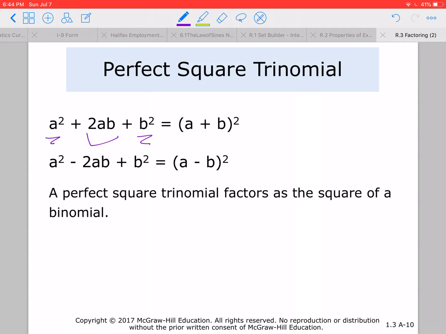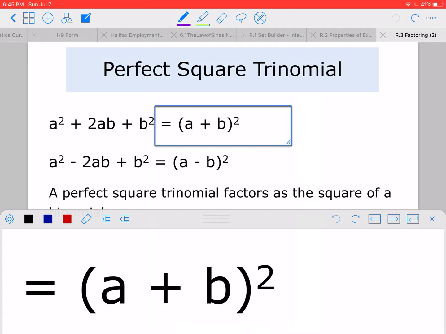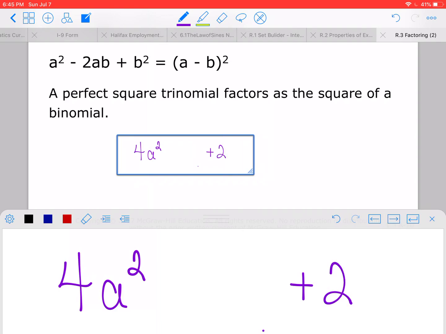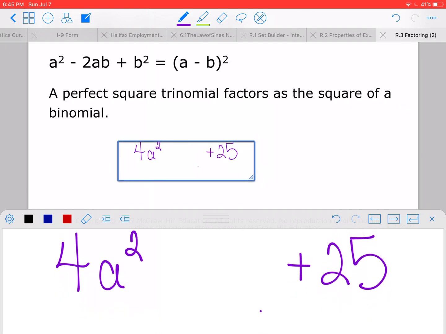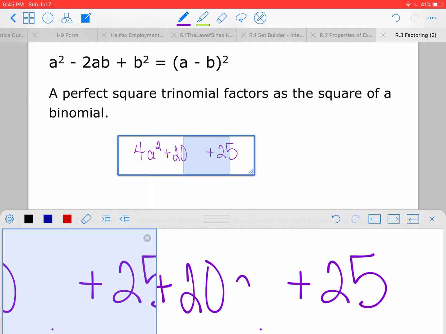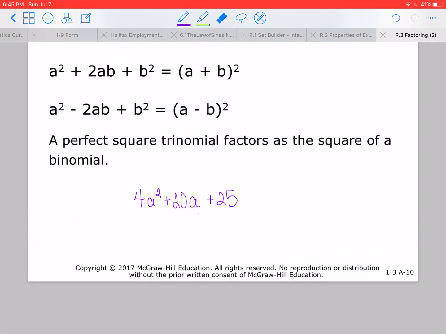So let's just say, for a quick example, if we had 4a squared, and over here we had 25, then in the middle we would have to have the square root of 4, which is 2, and the square root of 25, which is 5. So 2 times 2 times 5, that would be 20a in the middle. That's what we would have to have for a perfect square trinomial.